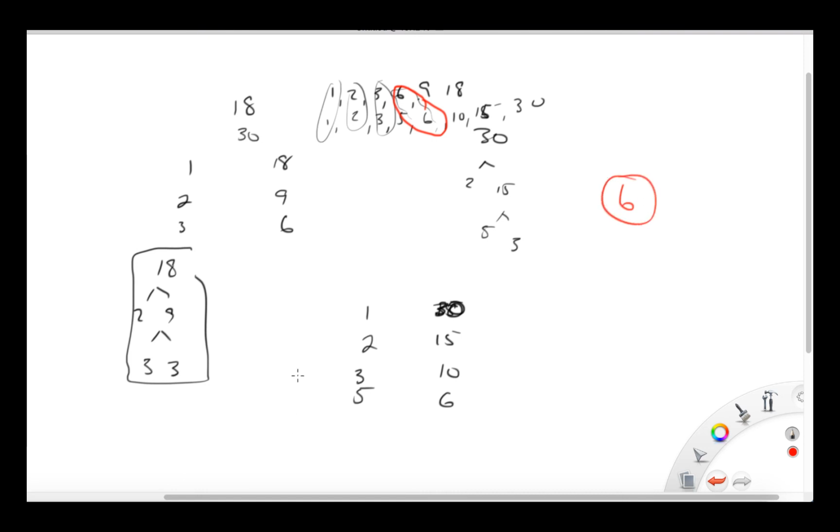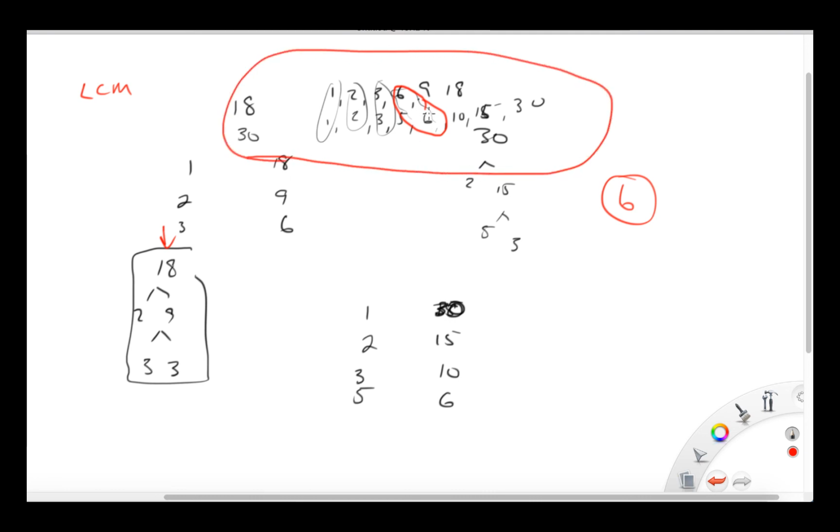Okay, so that's how you find the greatest common factor. We're also going to do a lesson called the least common multiple, which uses this more. But greatest common factor, you have to do all of these all the way out in order to find that number.